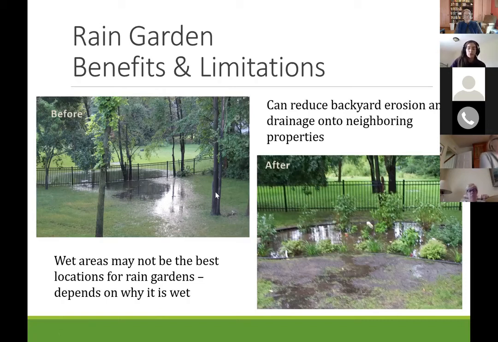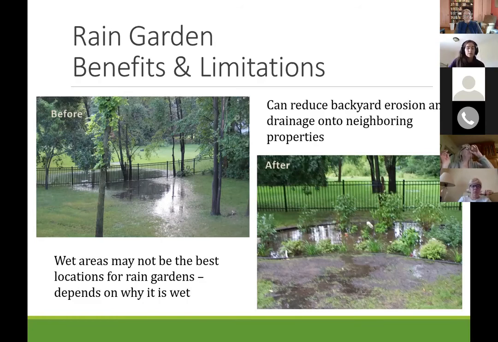So if you've got this low-lying wet area, you might need to do extensive amounts of soil mitigation, but it really just might not be a suitable spot for a rain garden. So that's a common misconception we see. These lower lying wet areas, people think it's already a rain garden. What you can do in these areas is put in appropriate native plants that can tolerate wet feet.